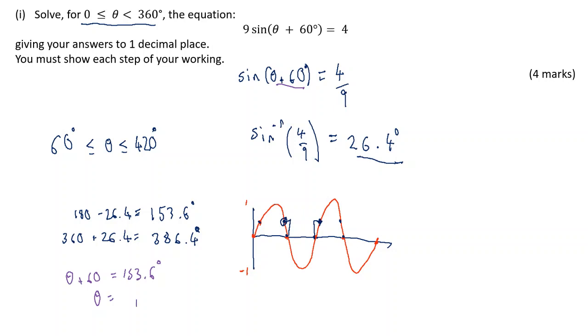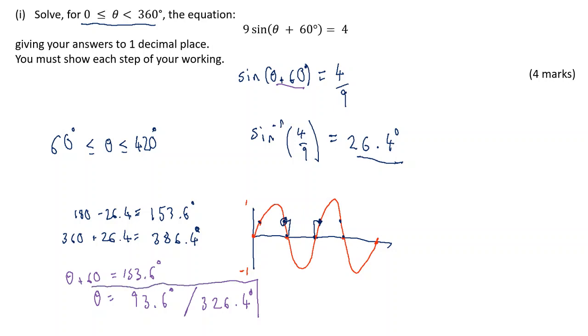So theta can be 93.6 degrees. The other version we would do is 386.4 minus 60, which is 326.4 degrees. These are our final solutions to the original equation.